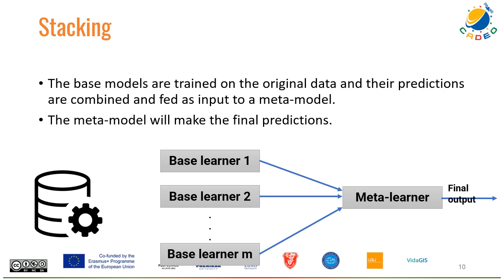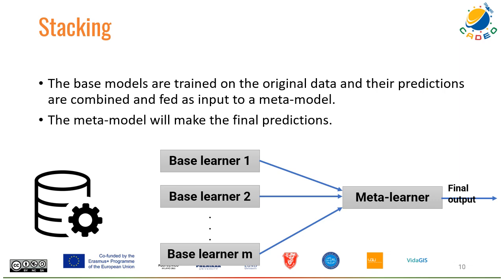So the base models generate predictions or insights about the data, or about an aspect of the data, which are fed into the meta model. The meta model then learns from these aggregated predictions to make the final predictions, which means that the meta model has as input or features the predictions made by base models.